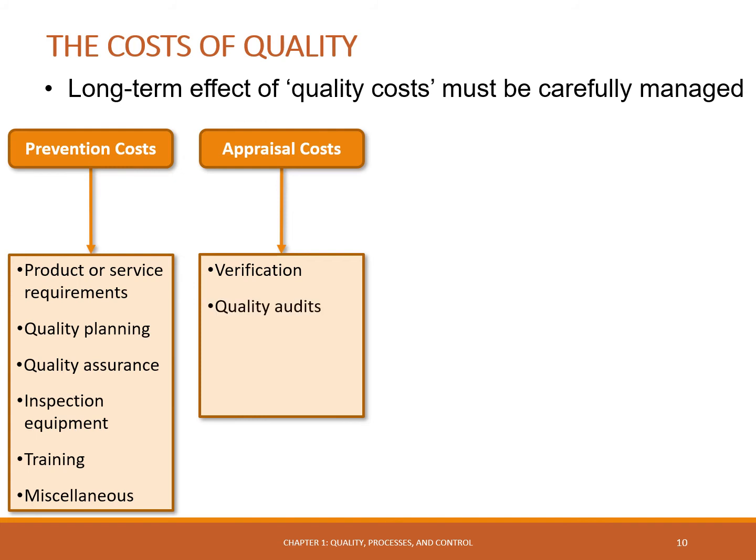Costs with quality audit to check how the quality management team is functioning. Costs with inspection equipment, and vendor rating costs, which are related to the assessment of all suppliers of both products and services.